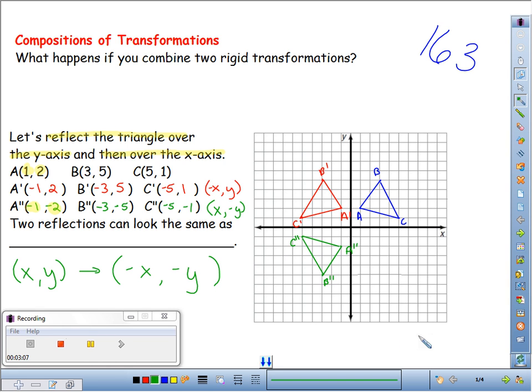So our coordinate notation is opposite x, opposite y. We should be able to recall that when I have an opposite x and opposite y, the transformation of that is a rotation that is 180 degrees.